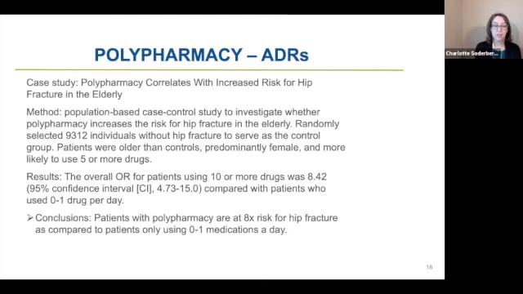So ultimately, the study concluded that patients with polypharmacy were at an 8 times greater risk for hip fracture compared to those only using 1 drug per day or no drugs per day. So that is quite a bit higher risk. Next slide, please.